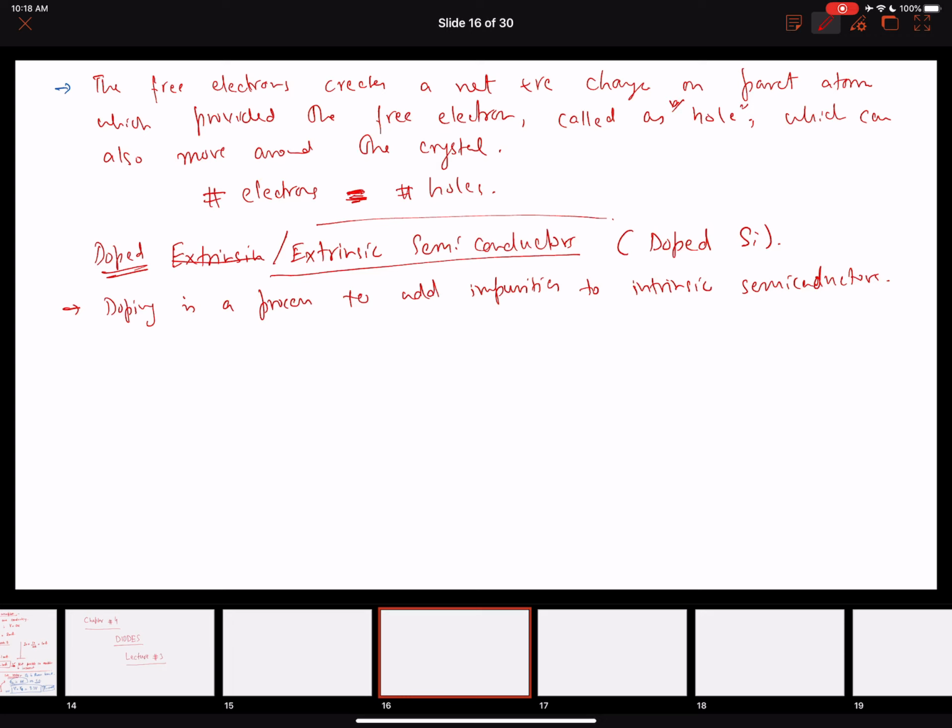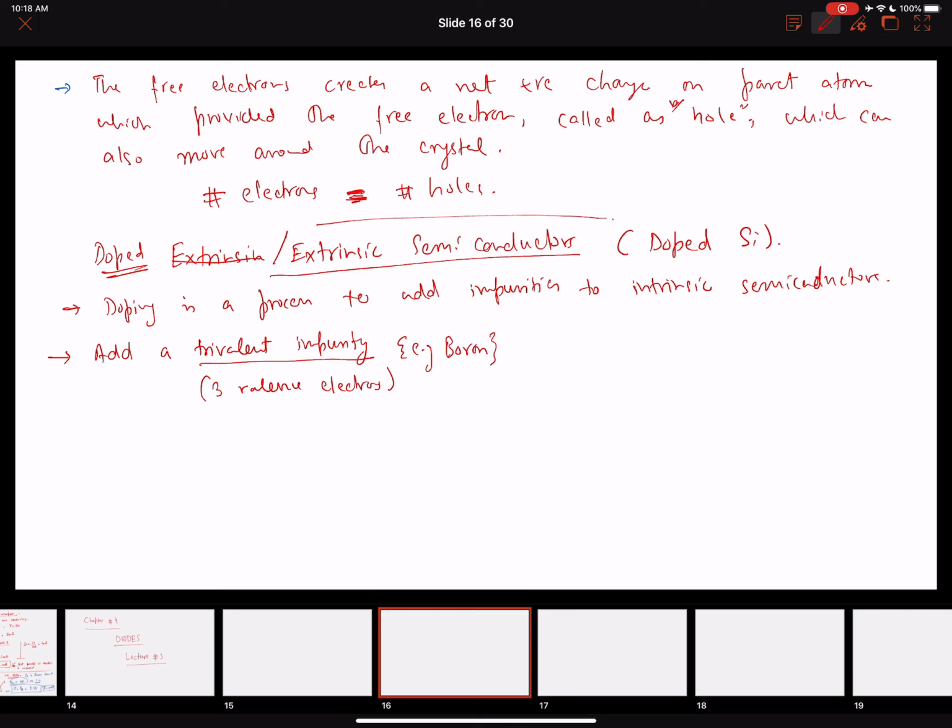Okay, now if we add a trivalent impurity, which is one that has 3 valence electrons, for example boron, right?